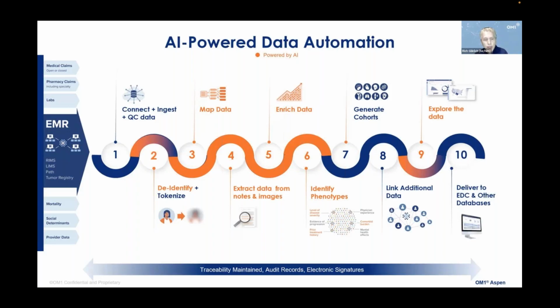What I've shown here in orange are the steps in that transformation pathway that are done by generative AI. And I'll talk about some of them because it's both novel and exciting. And then on the bottom, what you can see is that in this type of pathway, data can be utilized for regulatory purposes because traceability is maintained, it's auditable, and we can obtain electronic signatures.